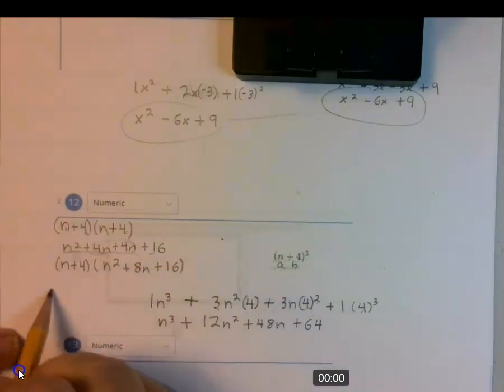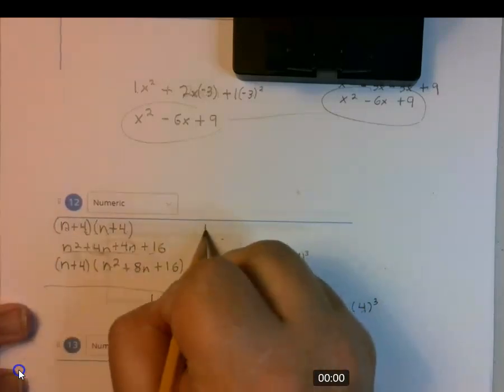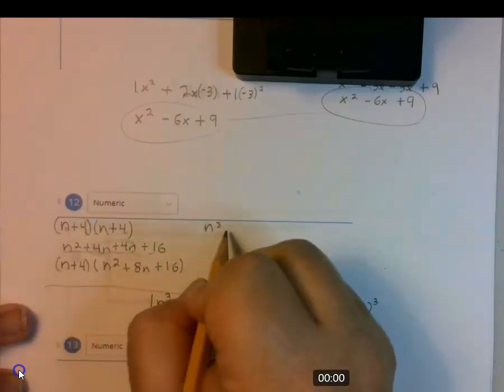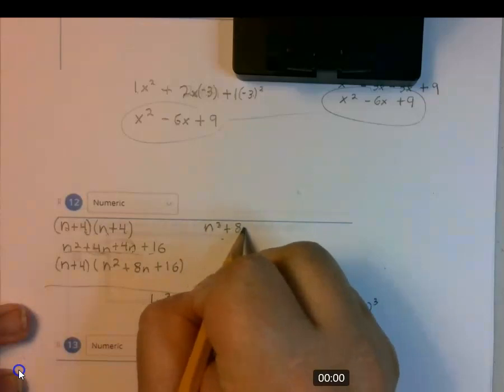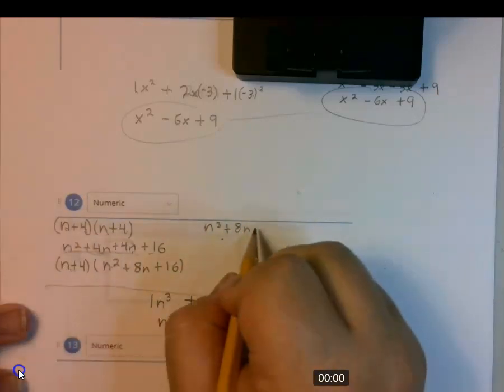Okay, and I'm going to draw a line so we don't get confused. I'm going to come up here. So n squared is n to the third. N times 8n is 8n squared. N times 16 is 16n.